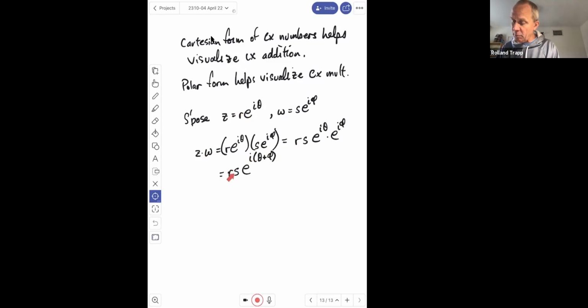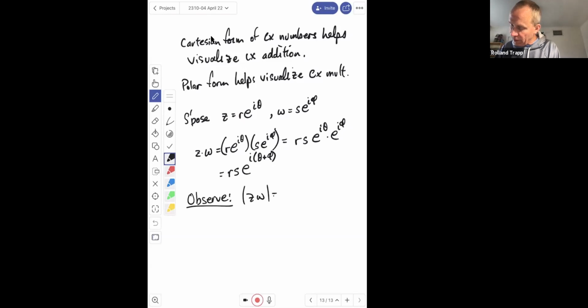So the length of the product is the product of the lengths. So observe that the modulus of z times w is just the modulus of z times the modulus of w, because this is rs and this is r times s.